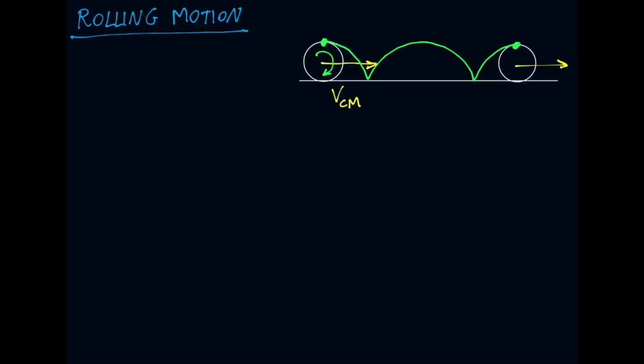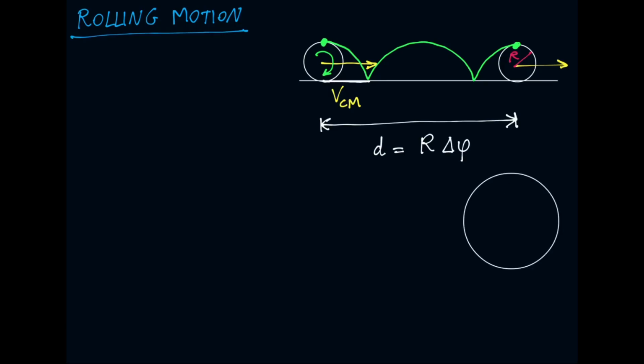They have to be related by a specific connection, and the specific connection is simply the fact that the distance traveled by the wheel or the cylinder, whatever your rolling object is, is none other than r, the radius of either its cross section or the wheel, multiplied by the change in angle.